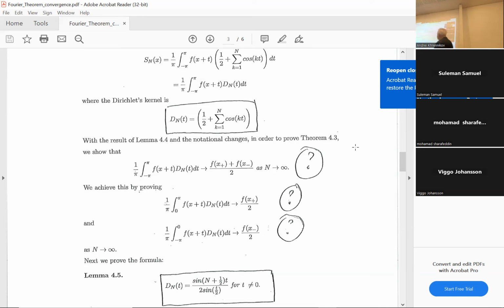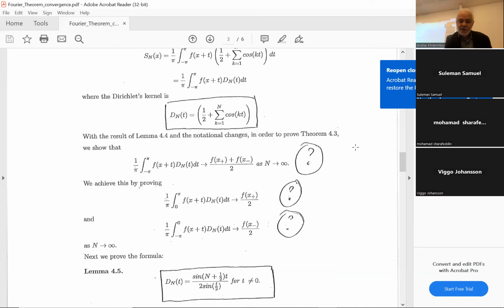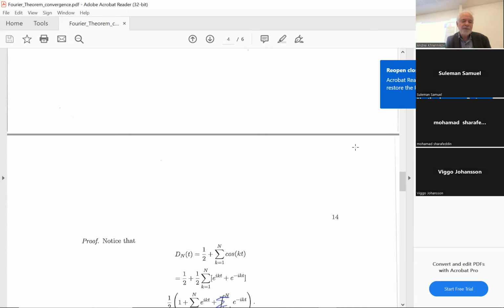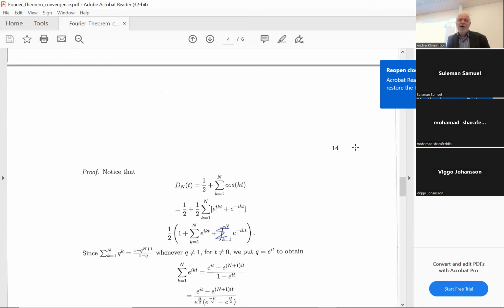So this is now the lemma. They want to calculate this Dirichlet kernel, which has this form. The lemma is very simple. We use just the Euler formula for cosinus. The cosinus kt is this. So this is cosinus. Here is again a misprint. For some reason they wrote integral instead of sum.